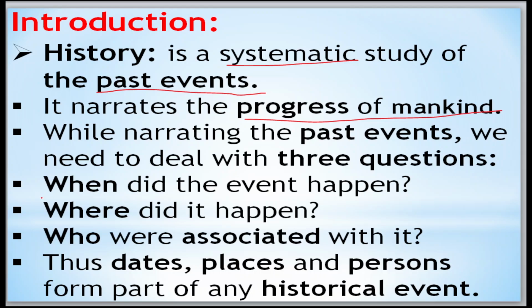One is when a particular incident happened. Second is where it happened, and third is who was associated with it. These are the 3 very important questions while you are studying history.